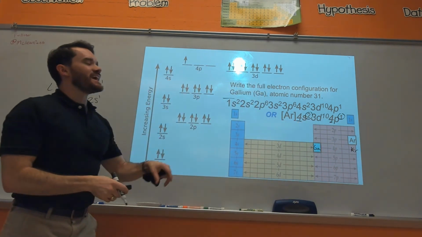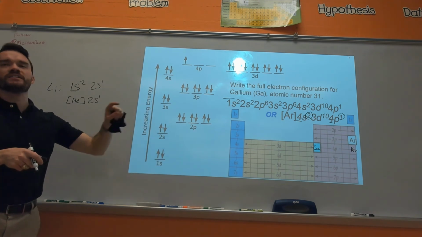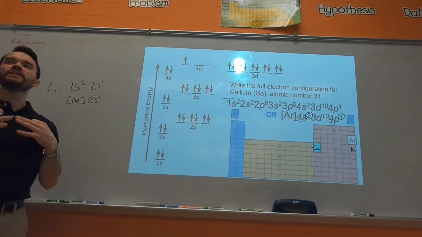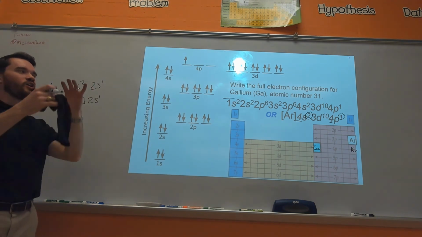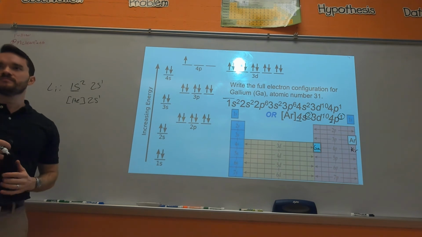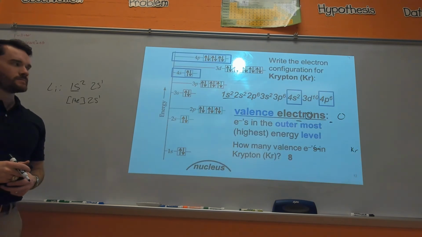The 3d10 wouldn't be considered valence electrons because they're still technically part of that third energy level. Okay? It's a little weird. It's just a quirk of how the electrons in the transition elements behave. Yeah, you count the exponents of the highest energy level. Okay.